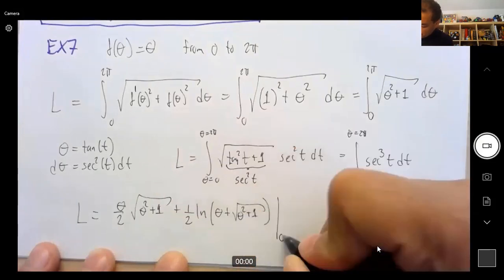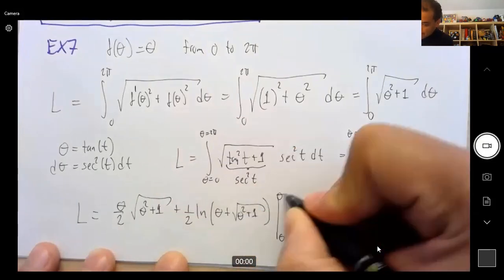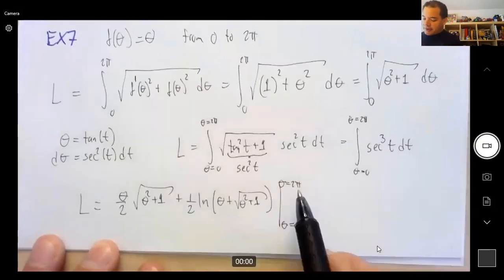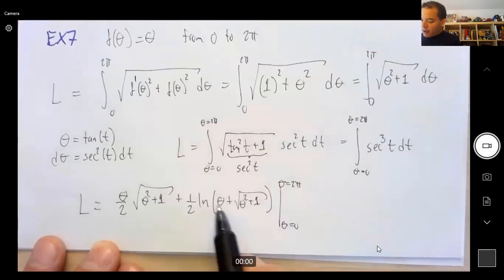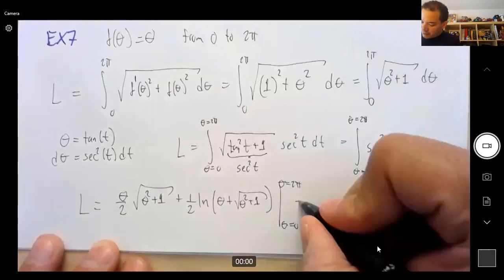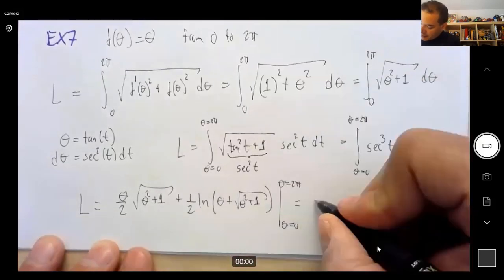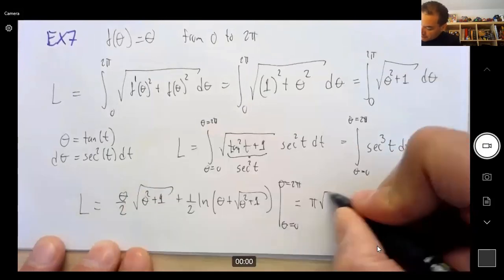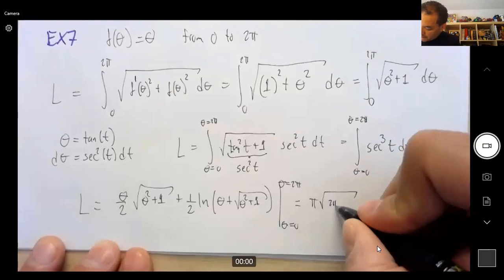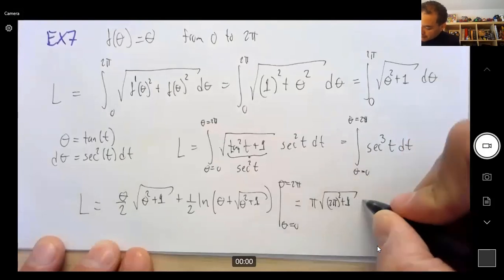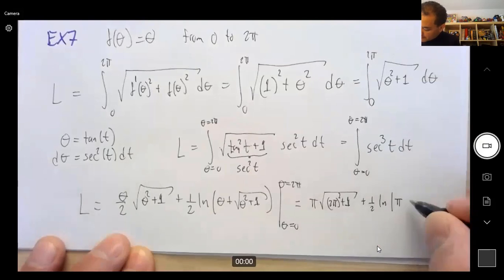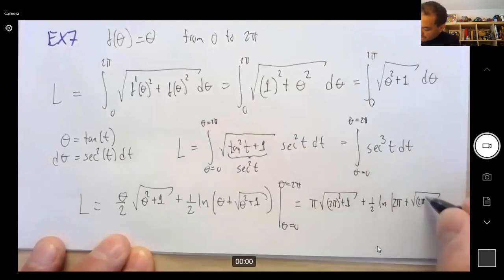And we want to do this from 0 to 2 pi. Now, when you plug in 0, this is 0, and this is ln of 1, which is 0. So we only need to plug in 2 pi, and that will be 2 pi over 2, that's pi, times the square root of 2 pi squared plus 1, plus a half of ln of 2 pi plus the square root of 2 pi squared plus 1.